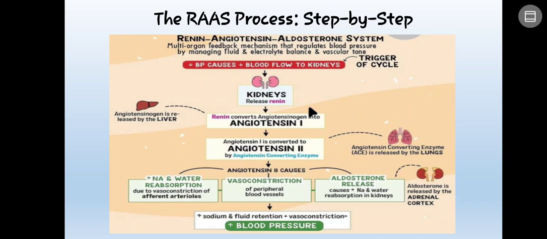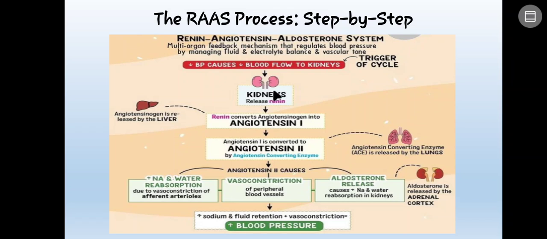Now let's look at the third mechanism that will actually stimulate the juxtaglomerular cells. The third mechanism is the sympathetic nervous system. So now listen very carefully. The moment your blood pressure drops, one of the systems that will be automatically activated is the sympathetic nervous system.